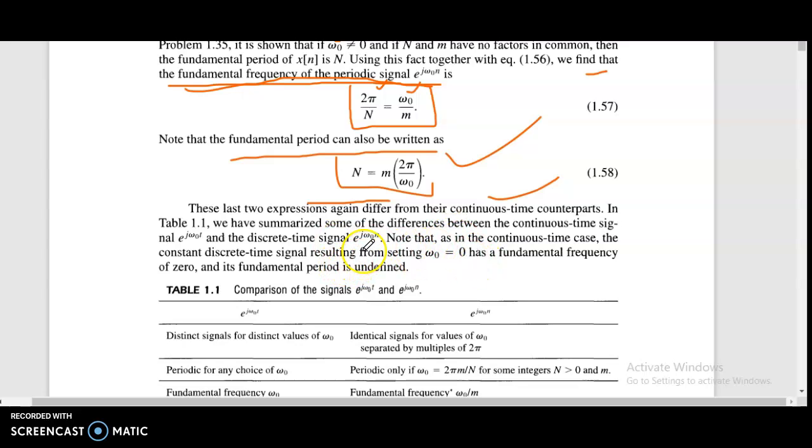Note that, unlike the continuous-time case, the constant discrete-time signal resulting from setting ω₀ equal to 0 has a fundamental frequency of 0 and its fundamental period is undefined.